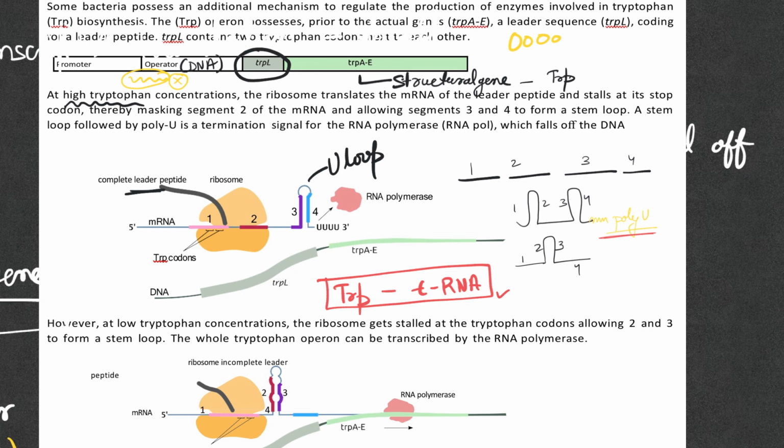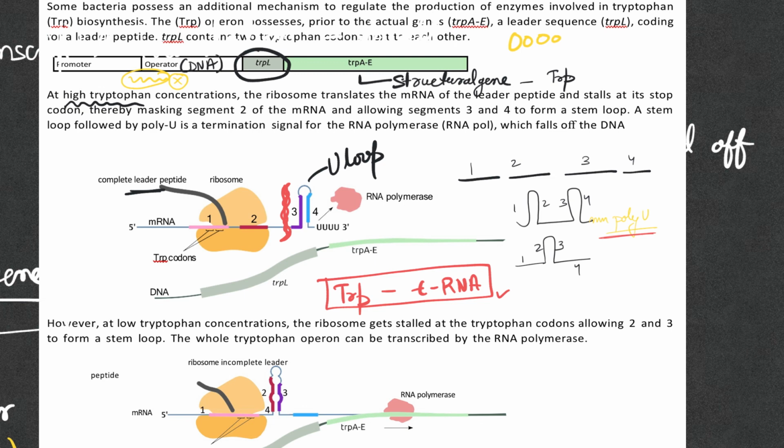So the RNA polymerase has barely reached this point, just around the 3rd and 4th part of the mRNA. The RNA polymerase has barely reached the point before the 3 and 4 part of the mRNA.